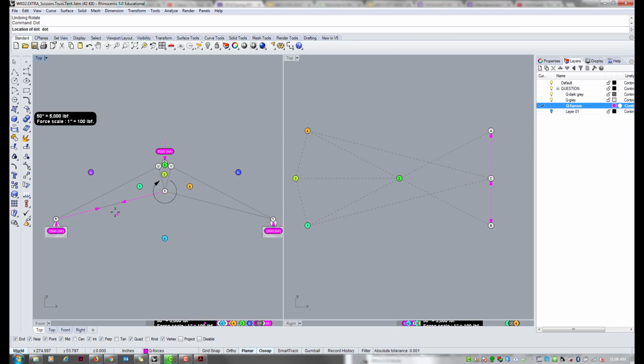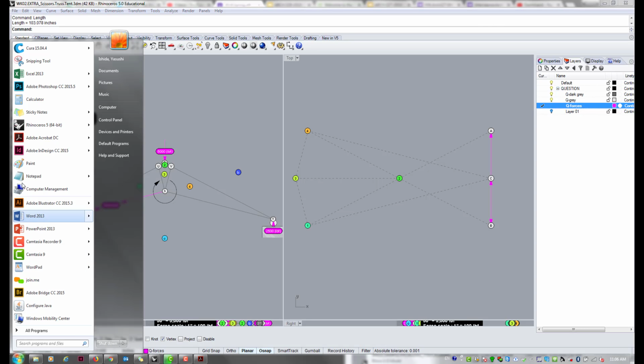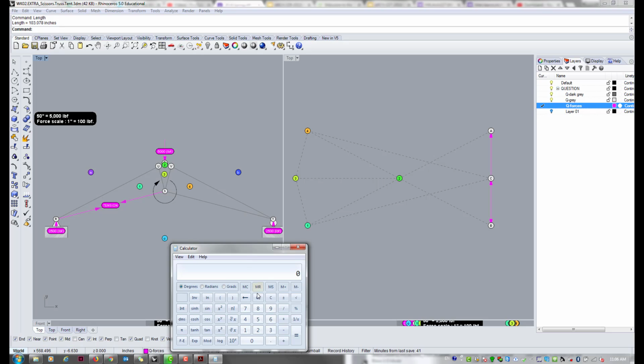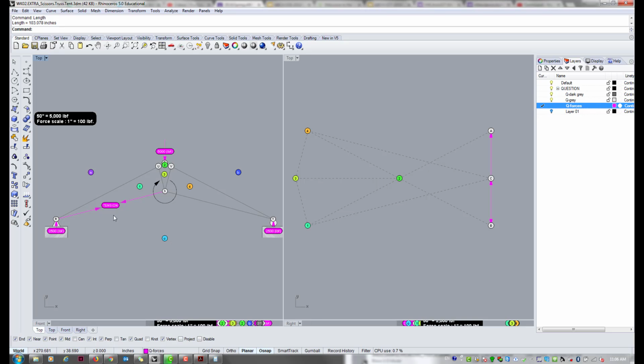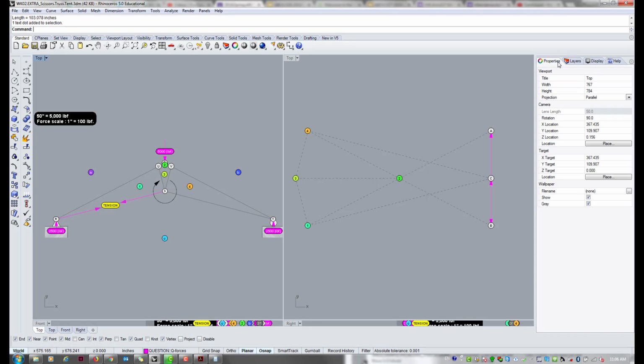And the way to identify the magnitude of that tension is by getting the length of this arrow, which is 103 point whatever. Because 1 inch represents 100 pound force, you have to multiply that by 100, and that's going to be your force.